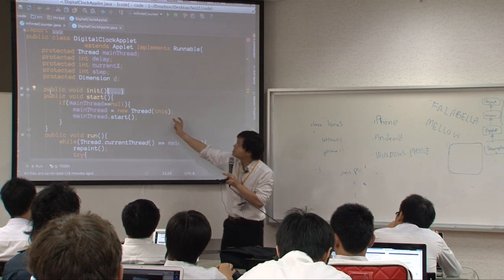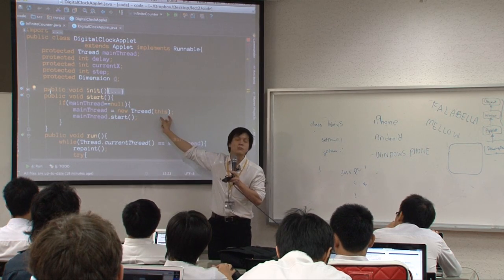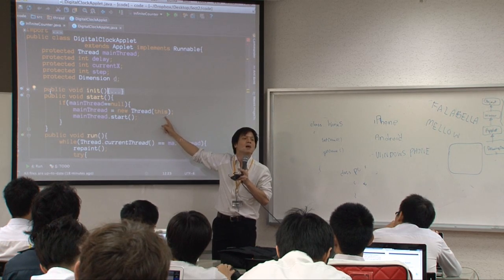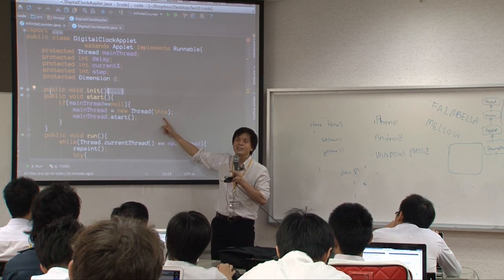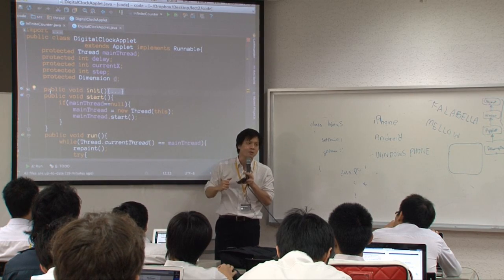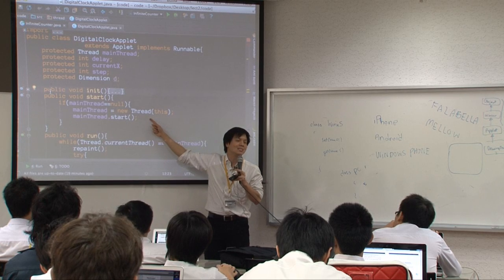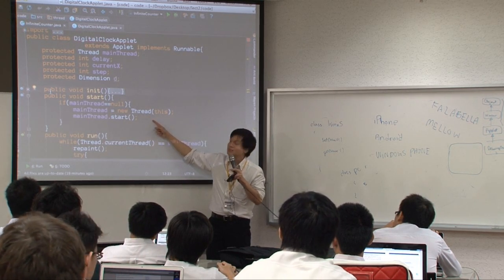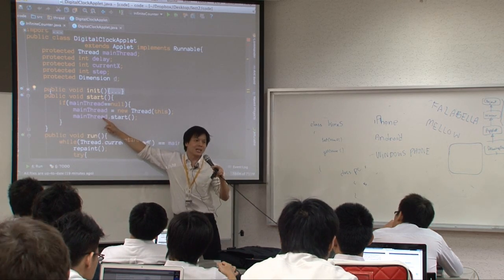So this is the mechanism that is very flexible in Java. It means that you can put in any type of object, as long as the class of that object implements Runnable. But with this constructor, it takes the logic of the run method to this object.